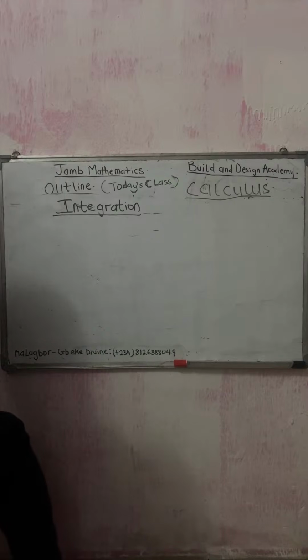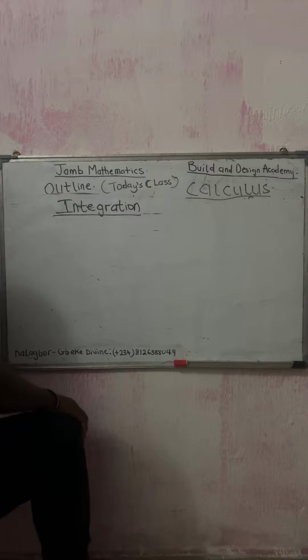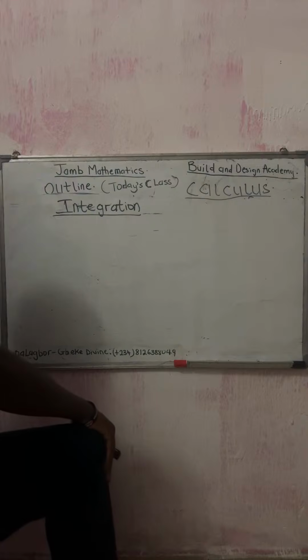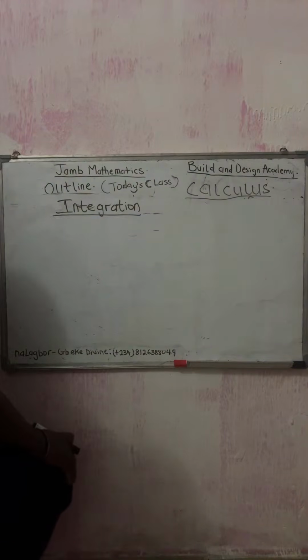Integration is the process of finding the antiderivative, the opposite of the derivative. If differentiation tells you the slope, integration tells you the total accumulation. Please take note of that.